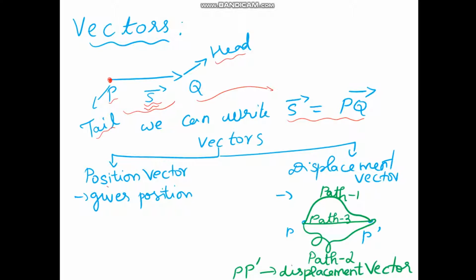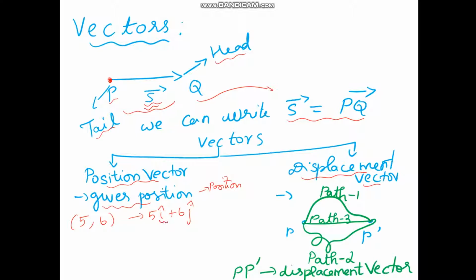We have two types of vector. One is the position vector, another one is the displacement vector. Position vector gives out a particular position. For example, if you are given a point 5, 6, which is nothing but 5i cap plus 6j cap, this is a position vector.